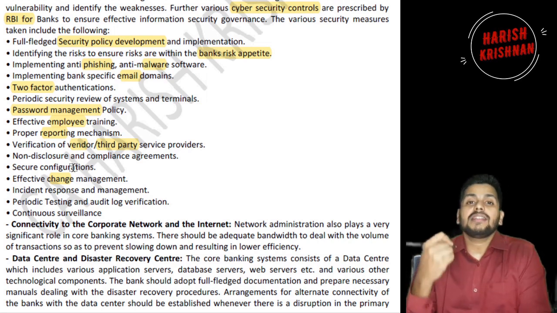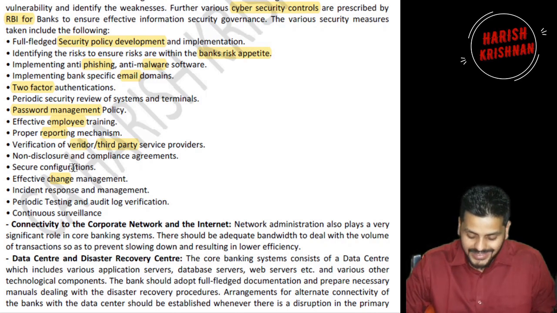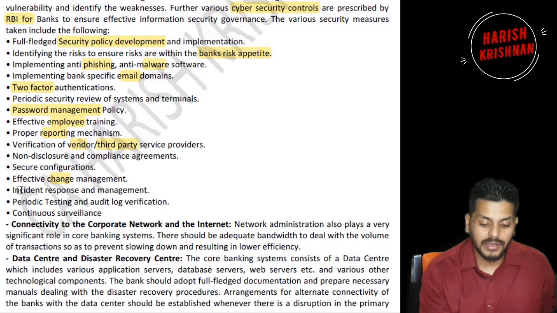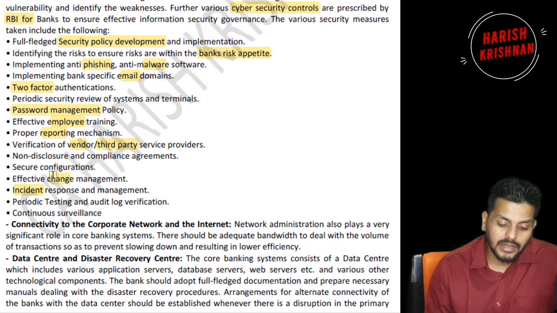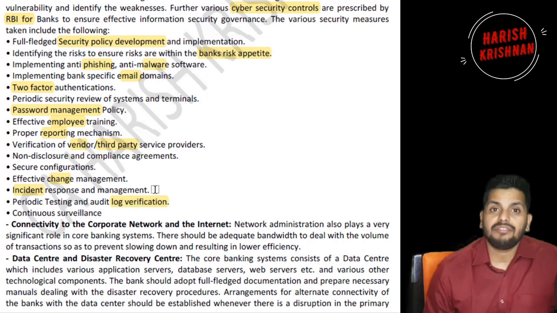And if at all anything goes wrong, no, we wish that nothing goes wrong. But just in case something goes wrong, then there should be immediate incident response and management. Incident means grave events happening, and immediately somebody should take care and respond. Then periodic testing and audit log verification.